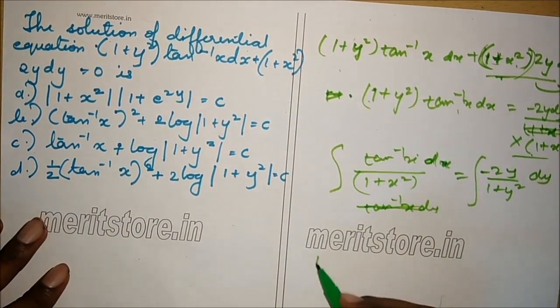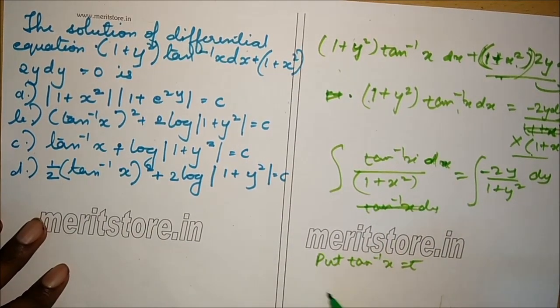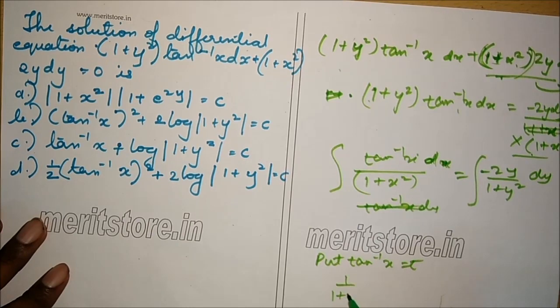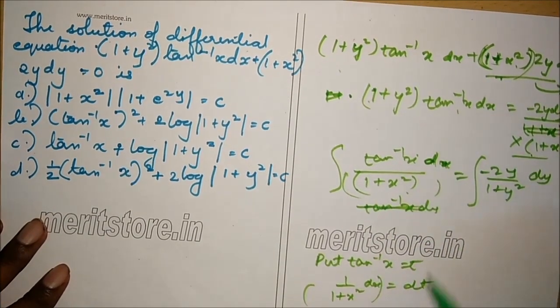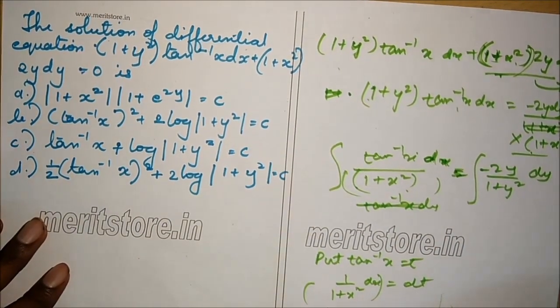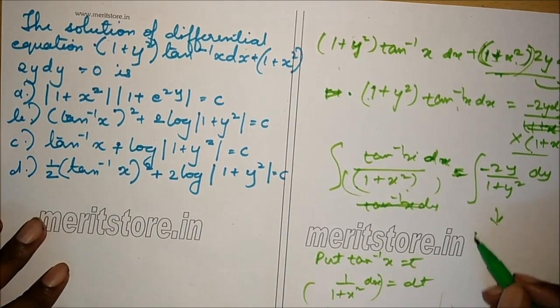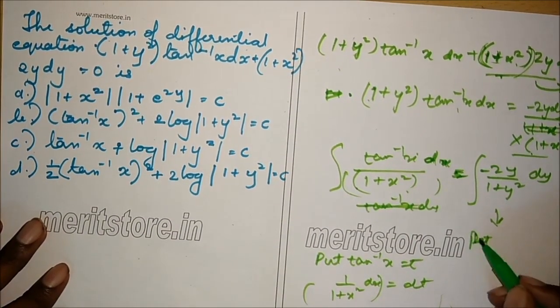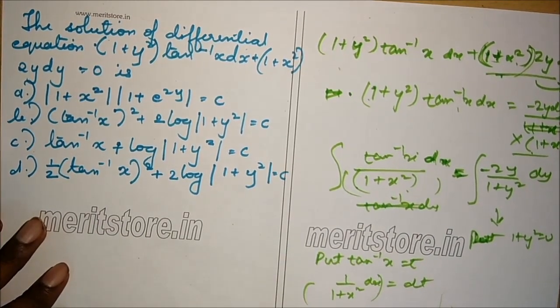Now put tan inverse x equals t. So differentiation will be 1 by 1 plus x square dx will be equal to dt. So this term, dx upon 1 plus x square, will be dt. So integration will be t dt is equal to, now similarly for this, let 1 plus y square equal u.